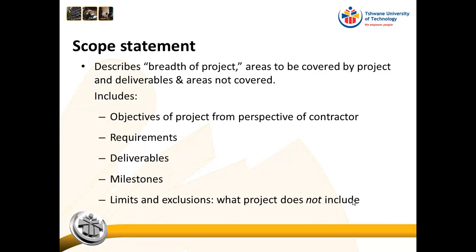So you can see that having to put a light every 10 meters is going to cost me a lot more than putting a light every 100 meters. So I have to limit what I'm going to do in the scope, and I have to be explicit, and I have to say I will put a light every 100 meters. Okay, so I hope that makes the point now in terms of how important it is to stipulate what the project does not include.